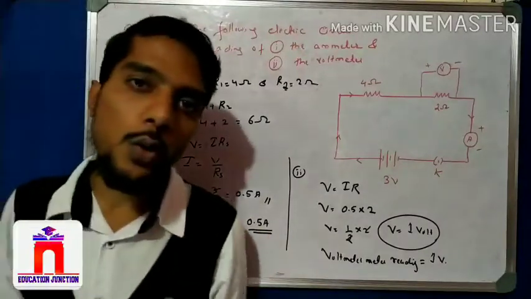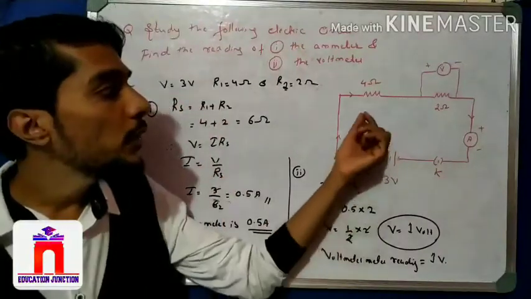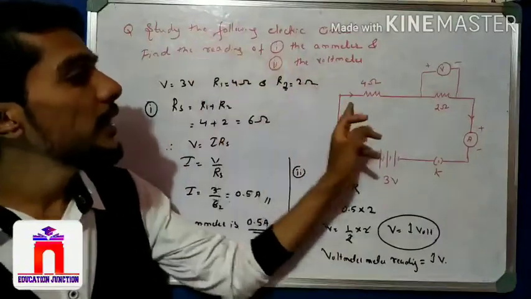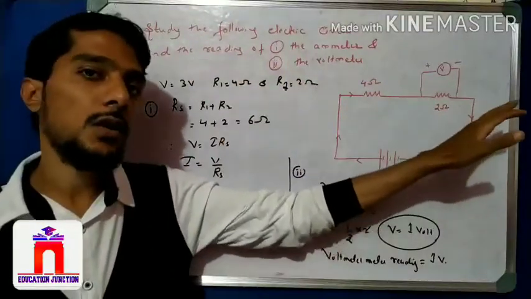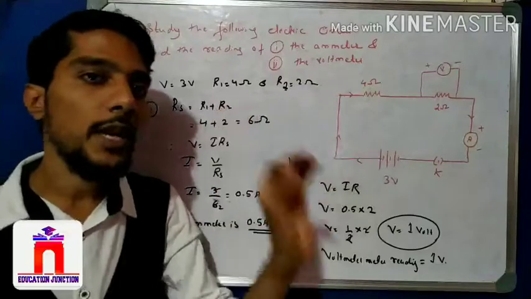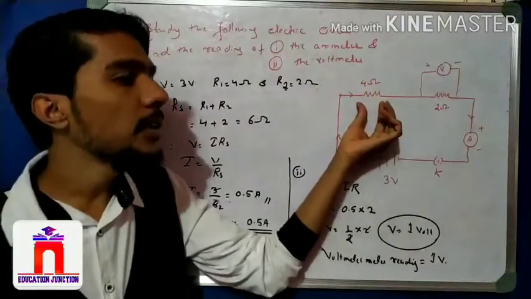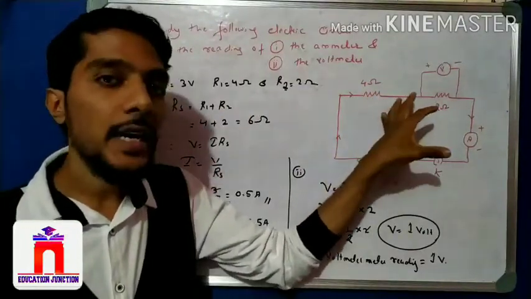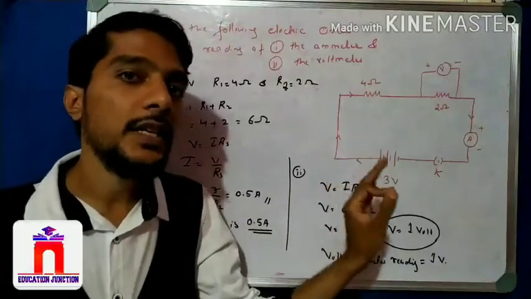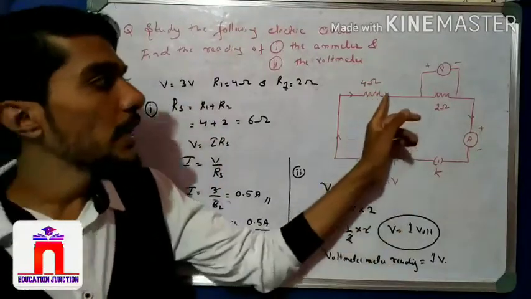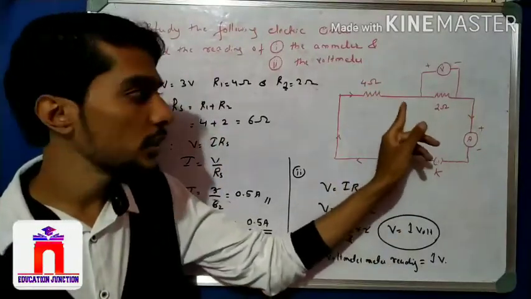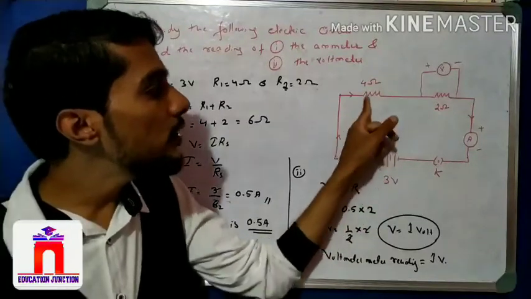Okay students, so I hope you understand how we recognize and study the given circuit, whether it is series or not. For a series circuit, the very basic process is that you must add all the resistors which are connected in series. How do you check the series connection? End-to-end connection, and they receive the same current.